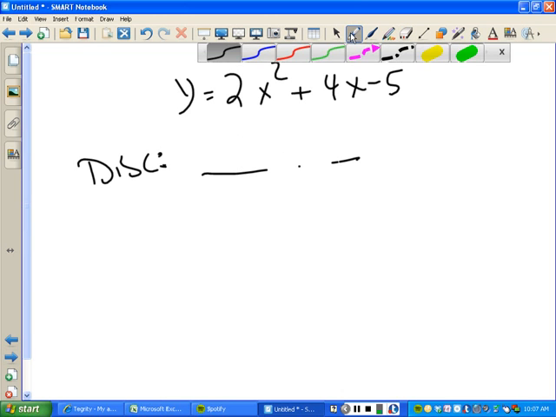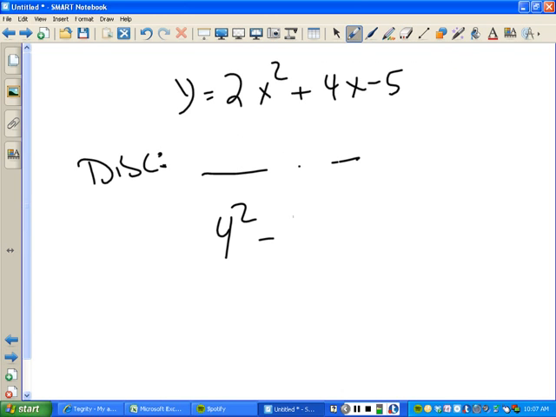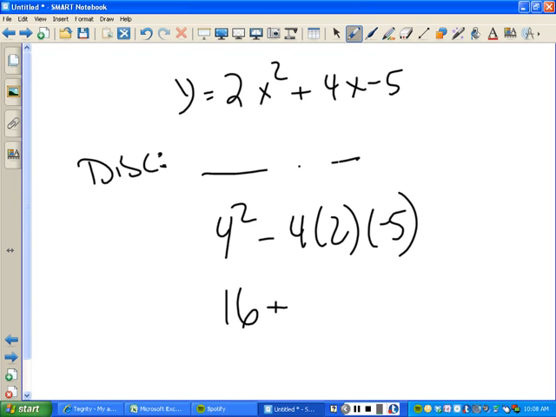So it's b squared, so we got 4 squared minus 4 times a times c. So 16 plus 40, is that right? The discriminant is 56.